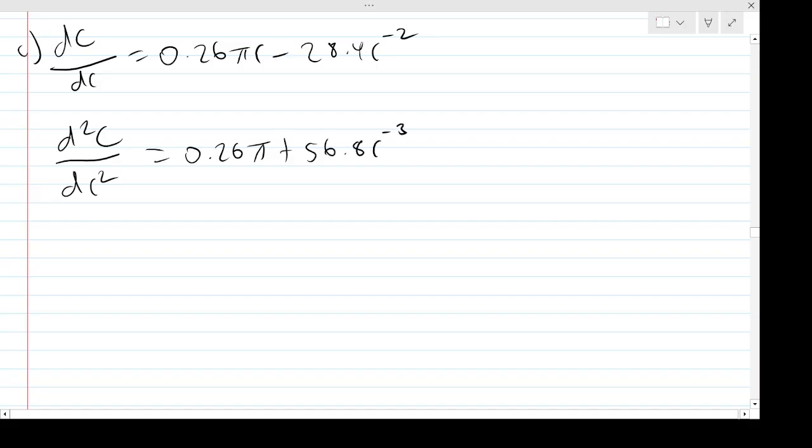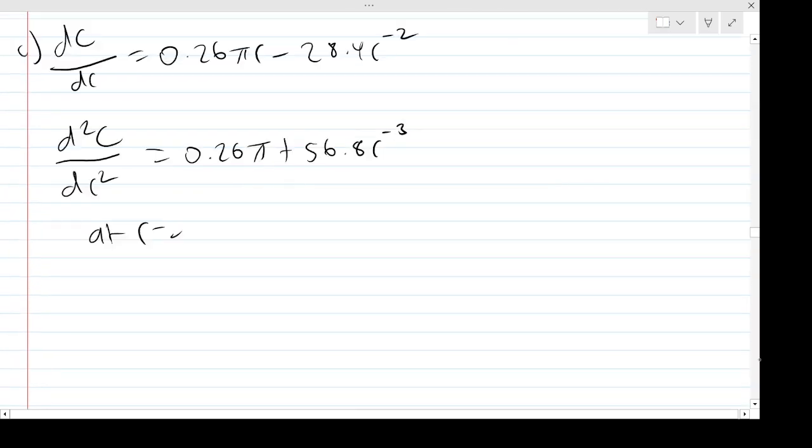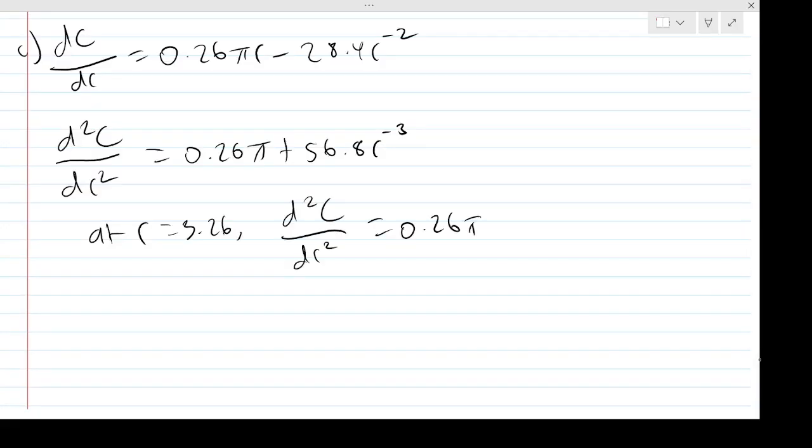Then at the value of r, which we calculated as 3.26, the second derivative will be 0.26 pi add 56.8 lots of 3.26 to the minus 3.